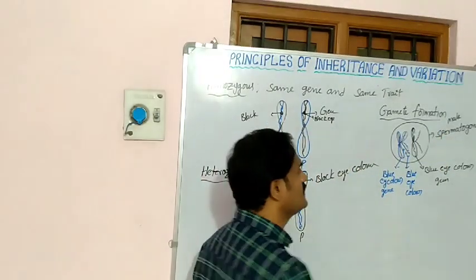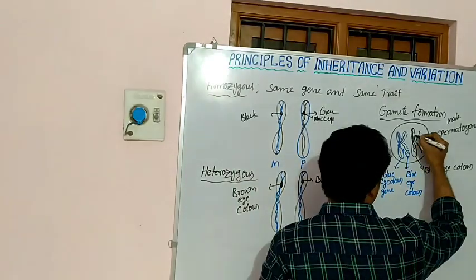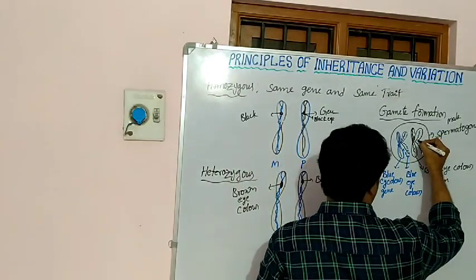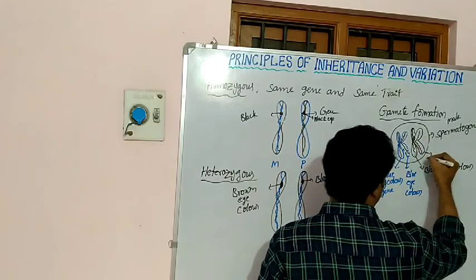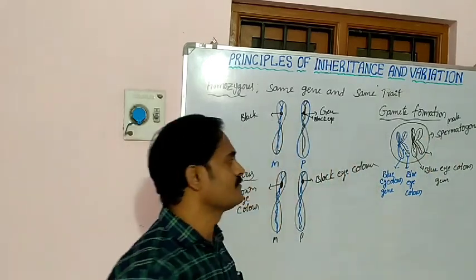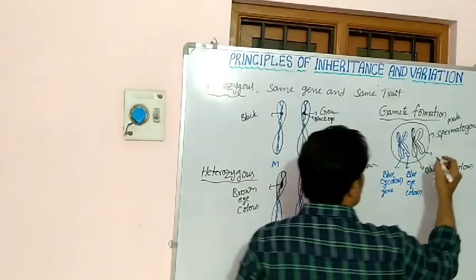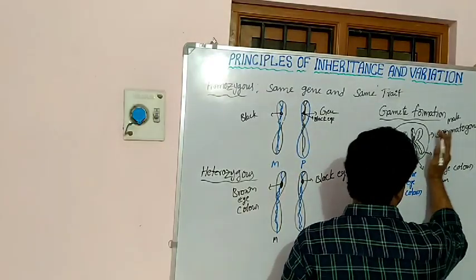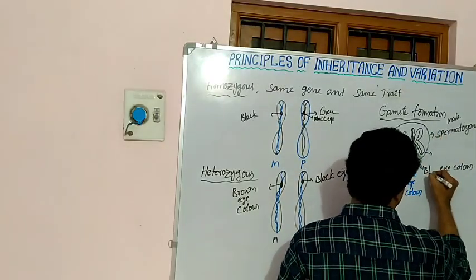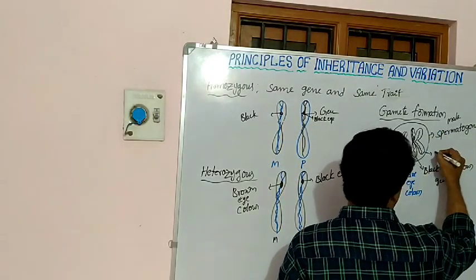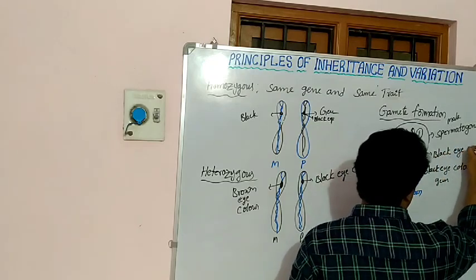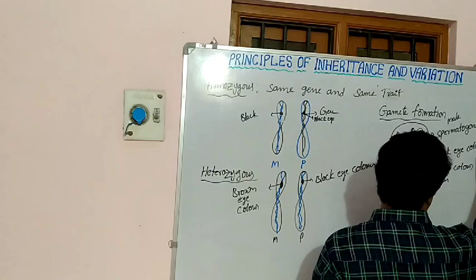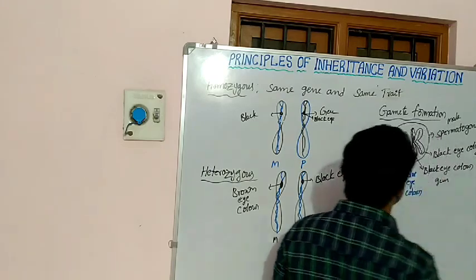This exact copy of DNA has which type of gene? Sorry, not blue, black. So it is the black eye color gene.